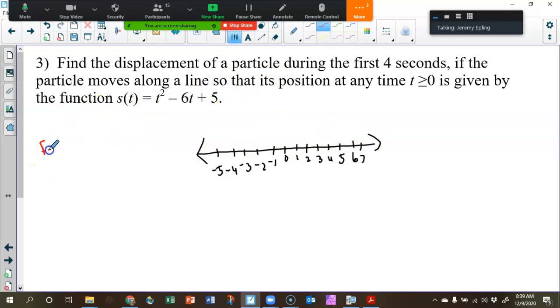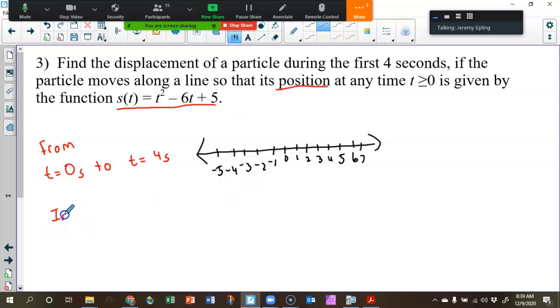We're going from t equals 0 to t is equal to 4. And those are, of course, measured in seconds. So the first thing I need to know is, when I start, where am I on this number line? What's my position? That position is given by this position equation.